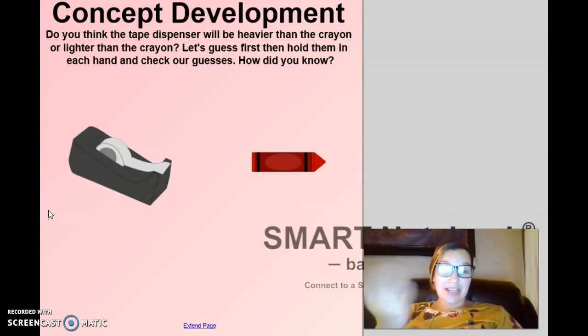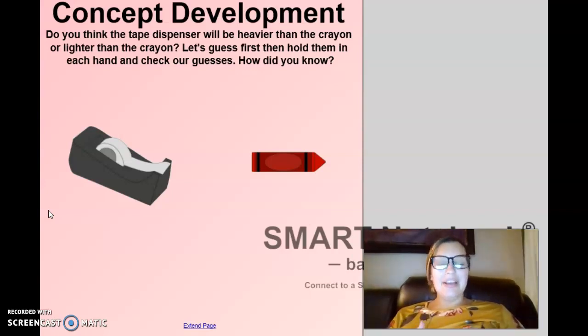You can toss it in your hand. So what would my sentence be? The tape dispenser is heavier than the crayon, or the crayon is what? Lighter than the tape dispenser. You are doing an amazing job, guys.